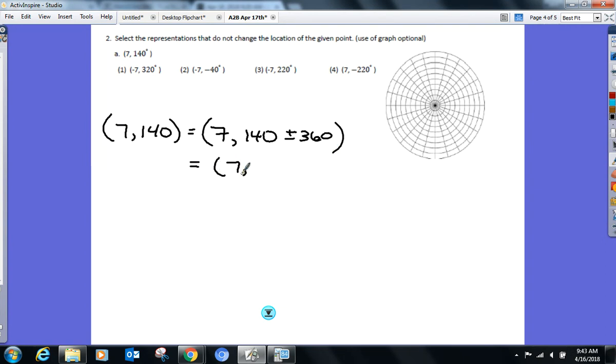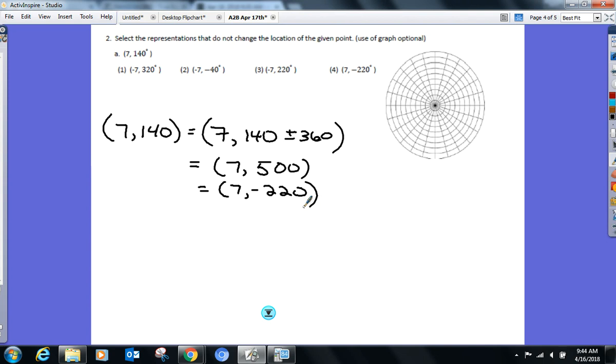So what points are the same here? 7, 140 plus 360? Okay, I'm looking at multiple answers here. I'll figure out which ones match at the end. You good? So 7 and 500. 7 and negative 220.